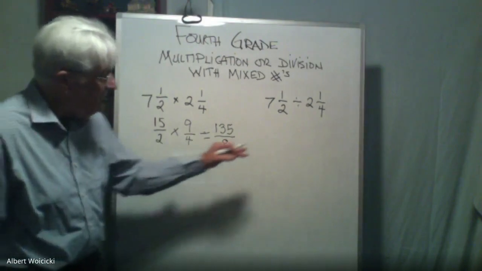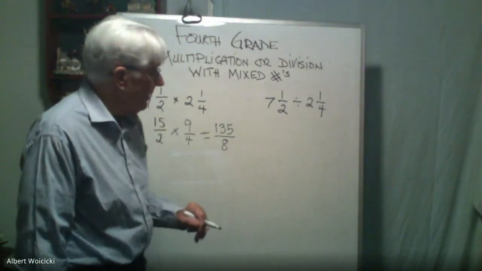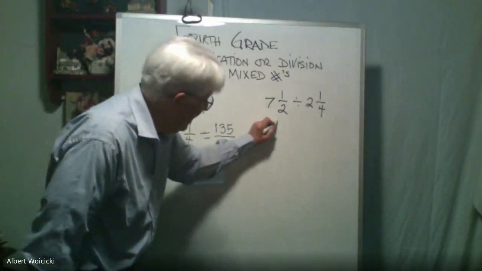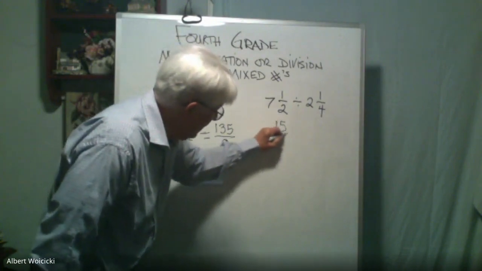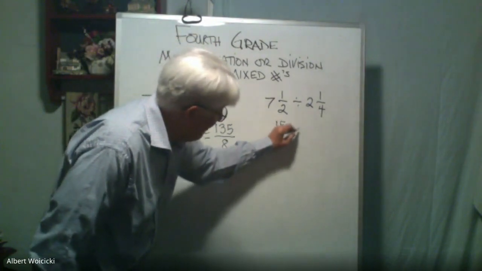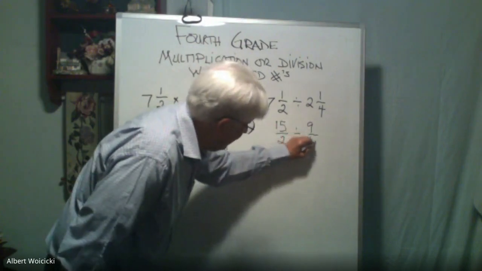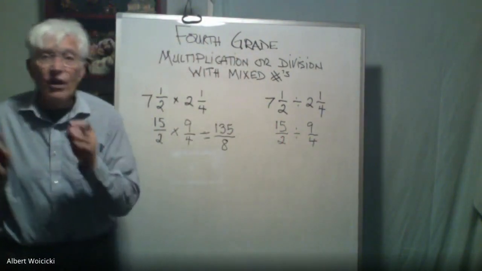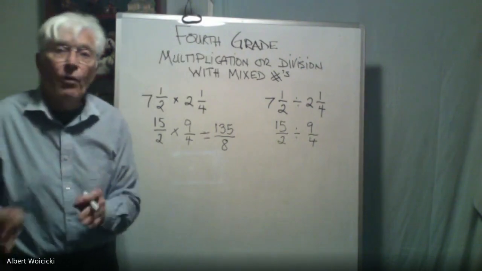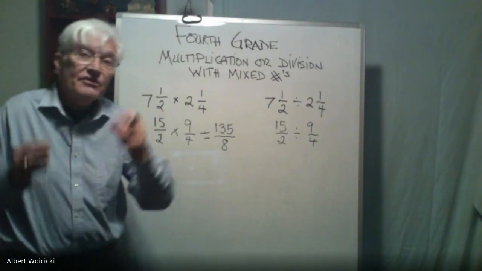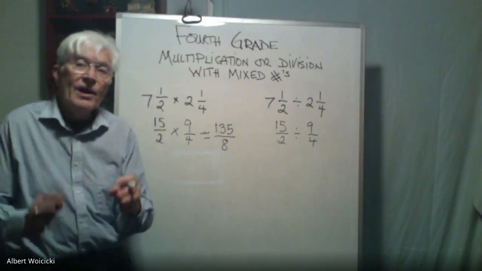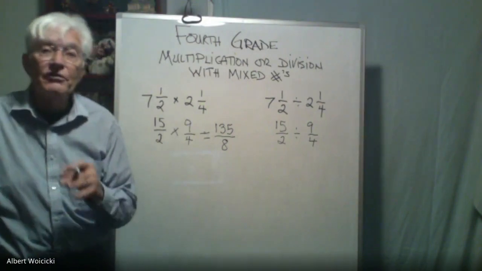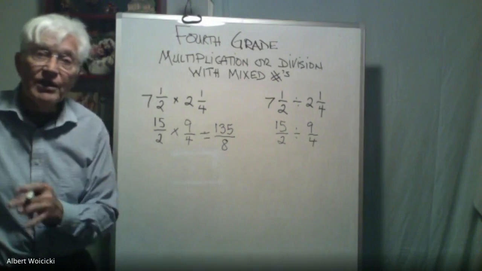Now, what happens if I divide? Well, I'm sure going to get 15 halves here. And you know I'm going to get 9/4. But by now, our youngsters realize we can't divide by 9/4 because it's a fraction. We have to invert the divisor before we can do anything.